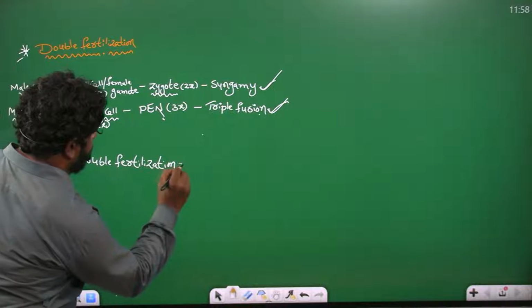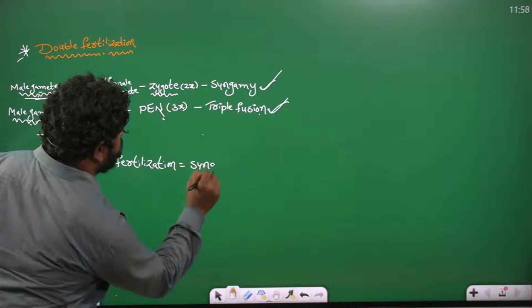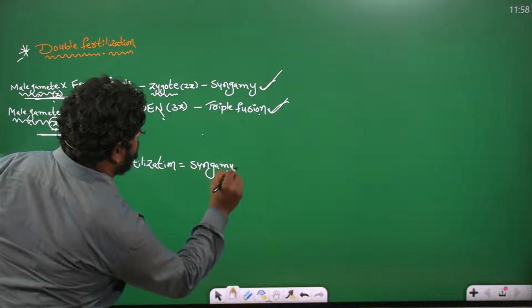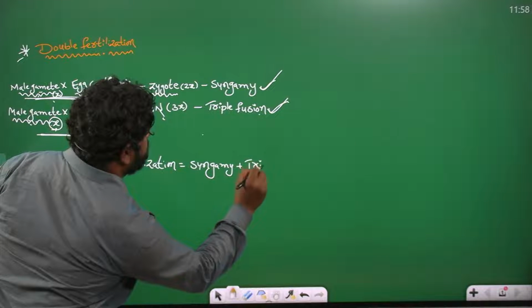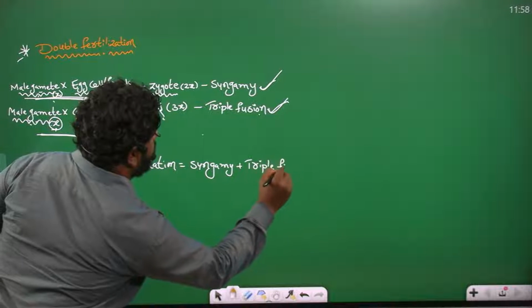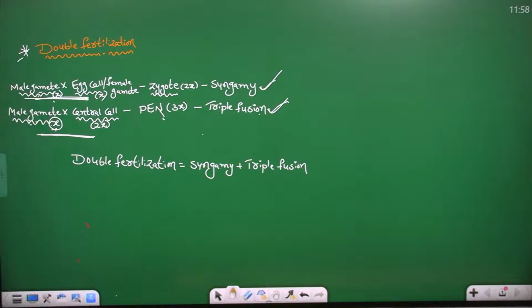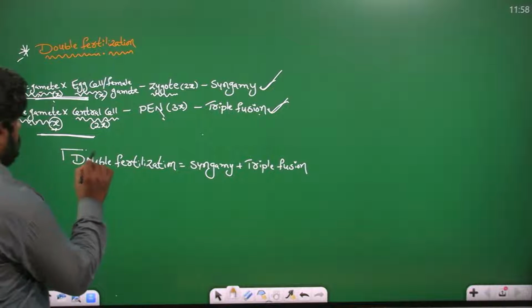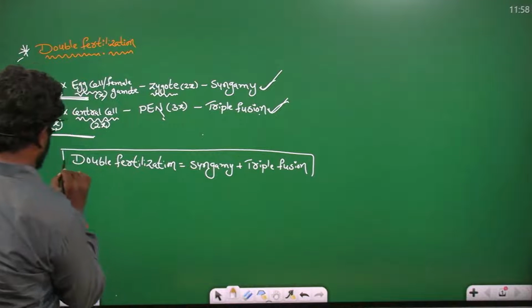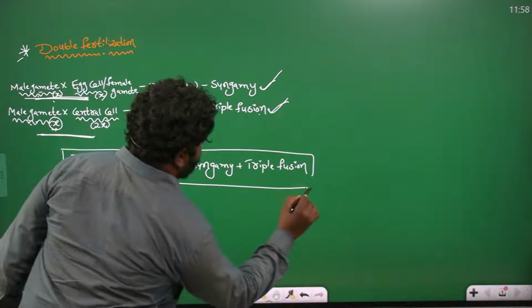Double fertilization is equal to syngamy plus triple fusion.